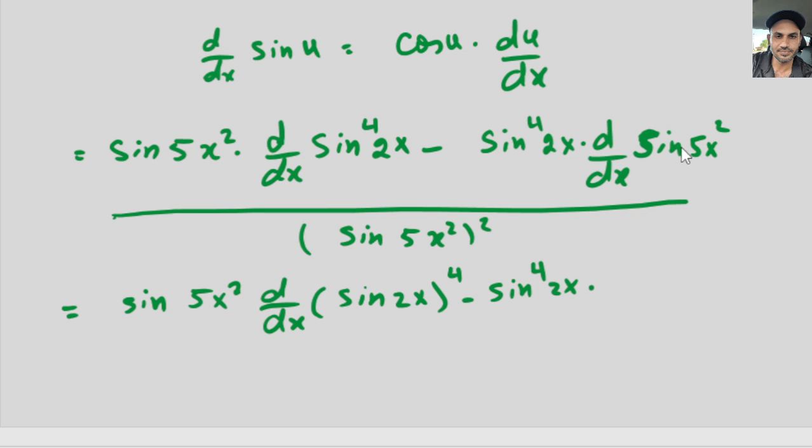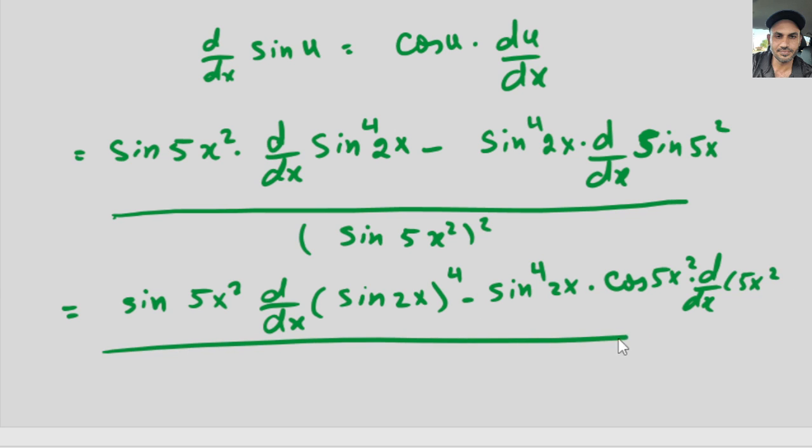Now let's take the derivative here. The derivative of sine of 5x squared is like sine of u, so the derivative of sine of u equals cosine of u times du over dx. So it's going to be cosine of 5x squared times d over dx of 5x squared, and everything divided by sine of 5x squared, squared. Okay, now let's go to the next page.